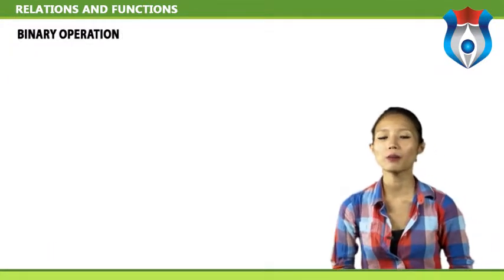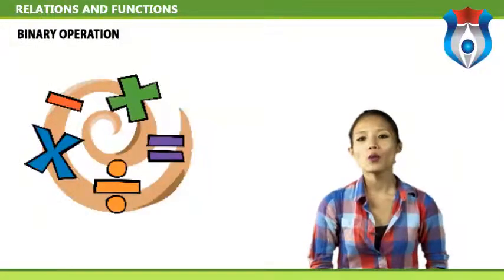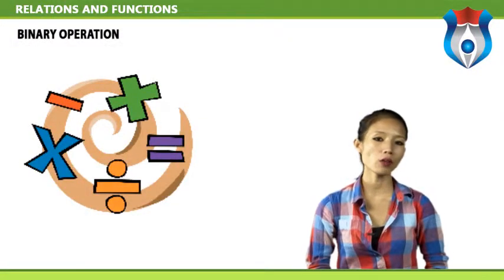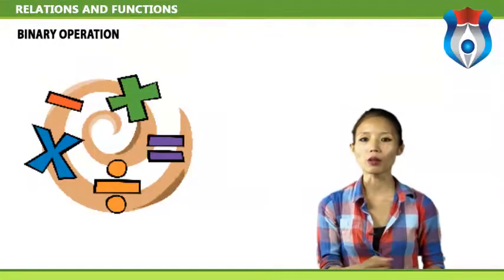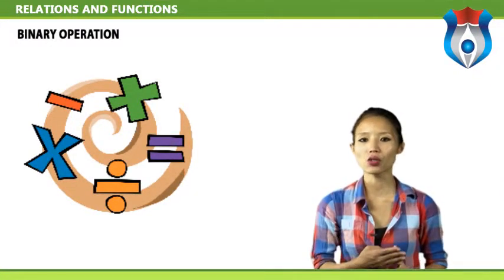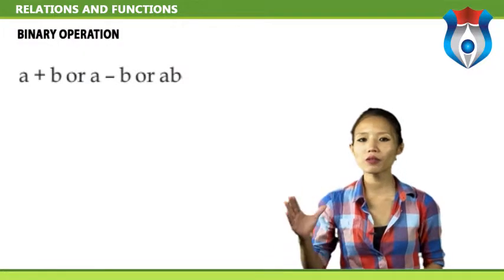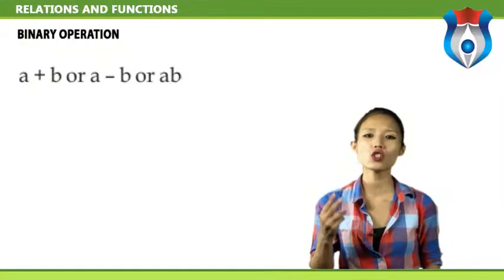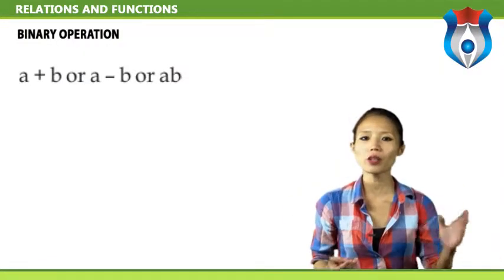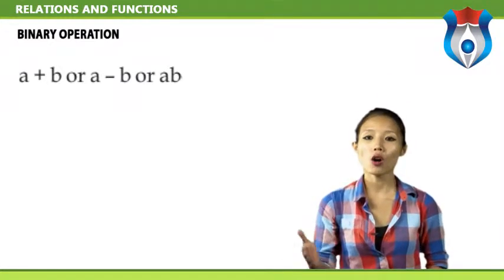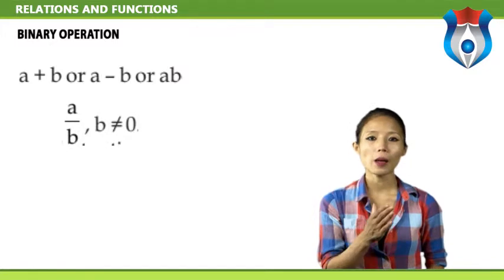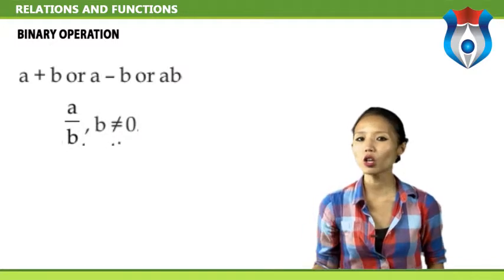Let's discuss binary operations. Right from the school days, you must have come across four fundamental operations, namely addition, subtraction, multiplication, and division. The main feature of these operations is that given any two numbers a and b, we associate another number a+b, or a−b, or ab, or a/b, b ≠ 0.